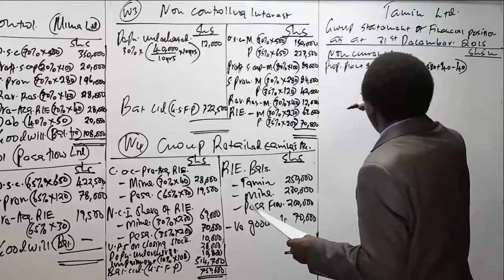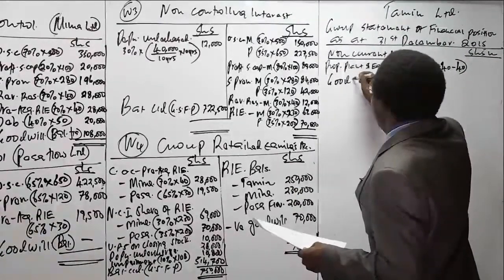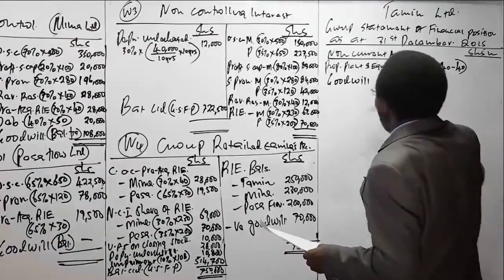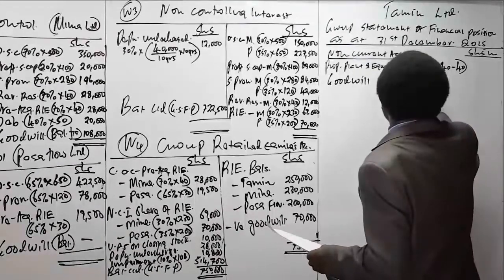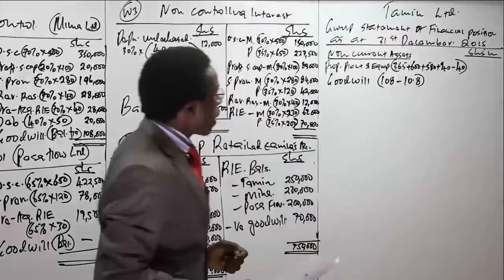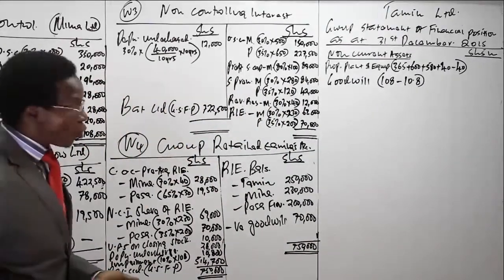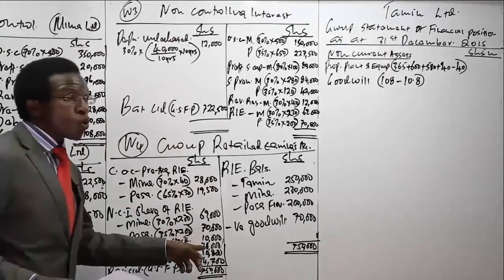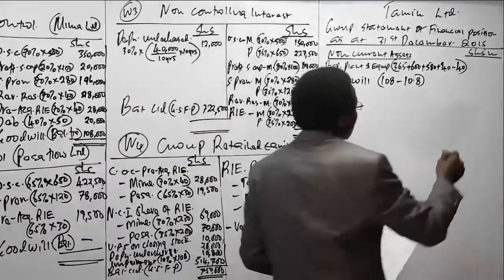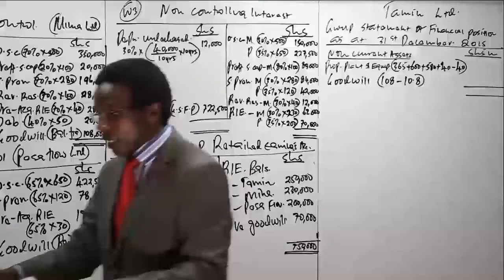Fine. Then we talk about goodwill. There is 108 positive goodwill minus the impairment of 10.8. Remember, when I'm subtracting the impairment loss from goodwill, I'm simply crediting goodwill. So the debit entry was to the group retained earnings account, and the credit entry is to the goodwill account. So we are going to determine the subtotal figures there.